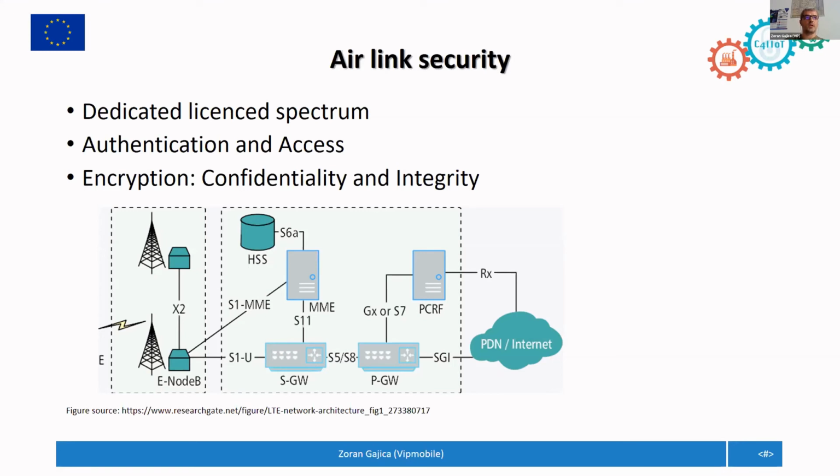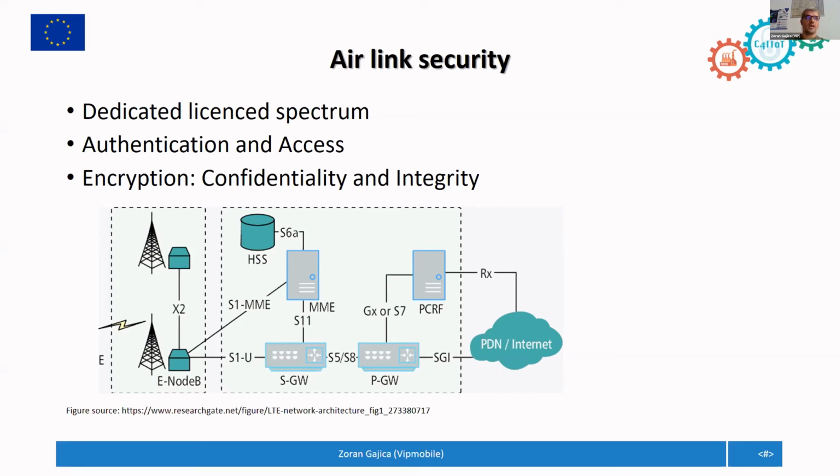So what will guarantee our security? This is, as I already said, communication secured by design. First of all, dedicated licensed spectrum. It is regulated for each state and each operator, and it ensures that interference from any other radio access technologies is minimized.